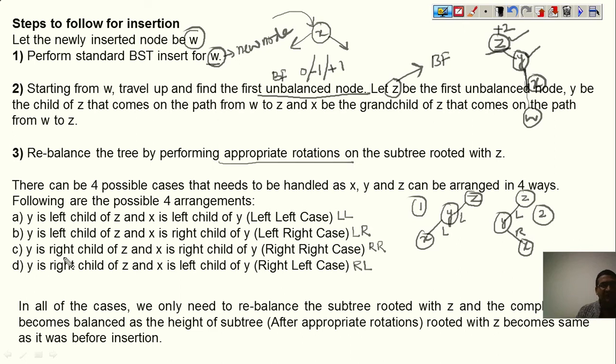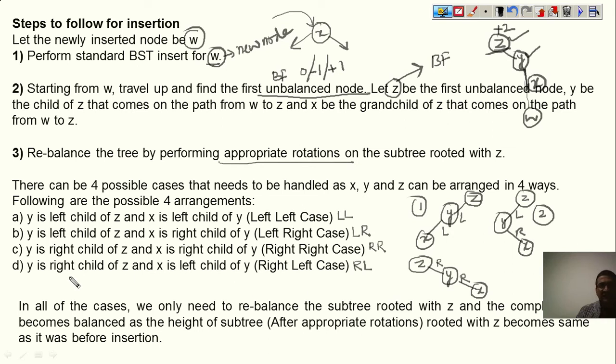Then we have the right right case. It is like this: Z, and then Y, meaning Y is a right child of Z, and X is also the right child of Y. So this is the right right case, case number 3.